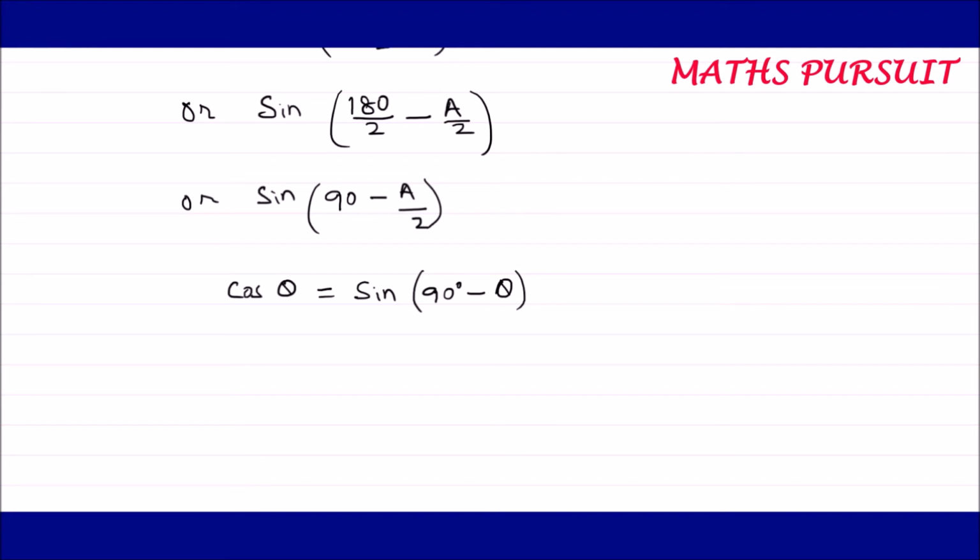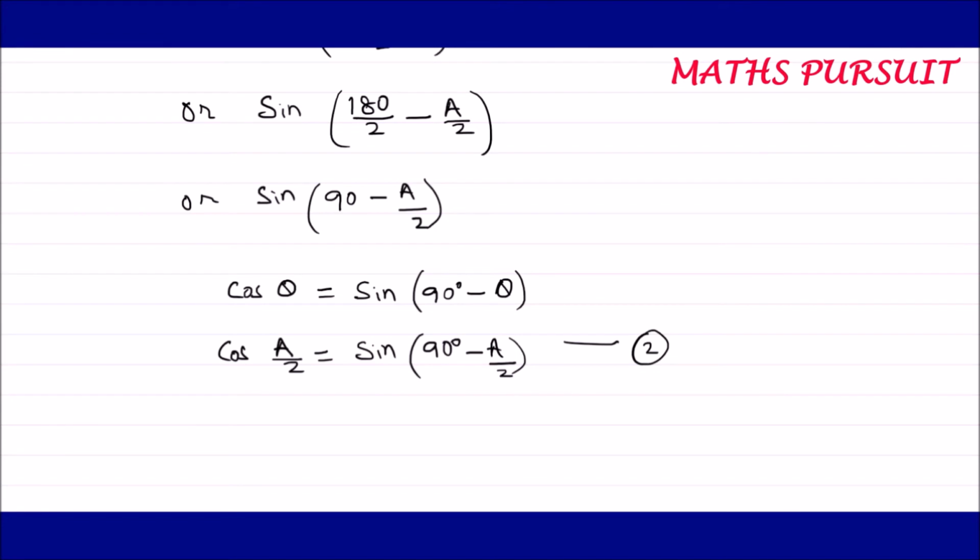Let the value of theta be A by 2. Considering theta is equal to A by 2, I can write cos A by 2 is equal to sine 90 degree minus A by 2. Now guys, this is our equation number 2.